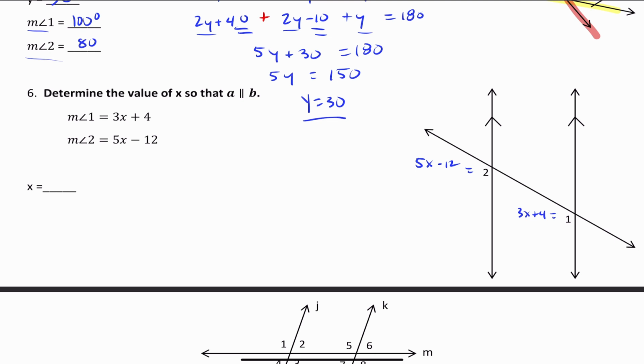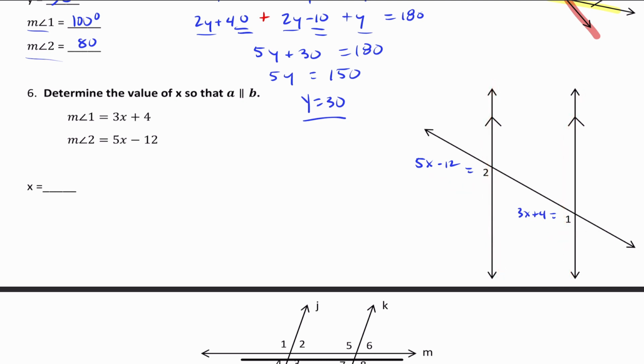They're pretty much identical in location. These are corresponding angles. By the corresponding angles converse, these lines are parallel if these two angles are congruent.